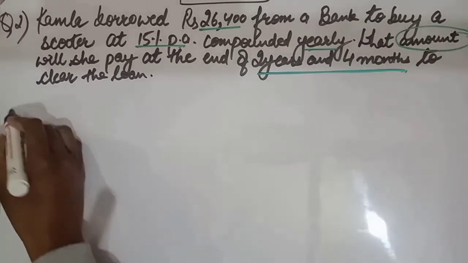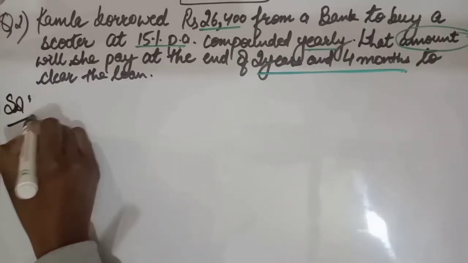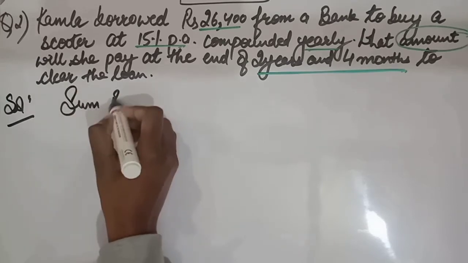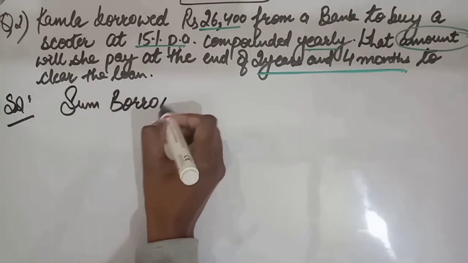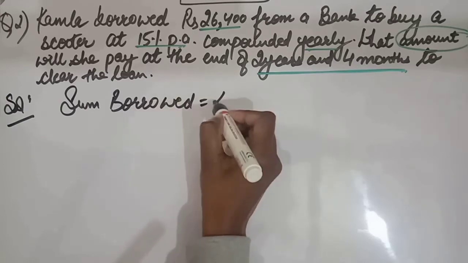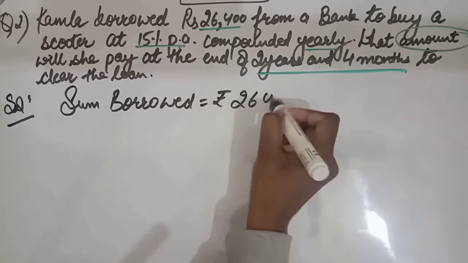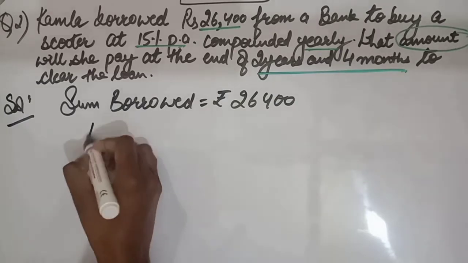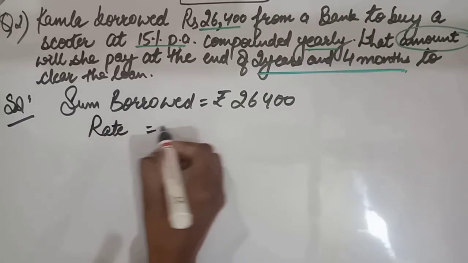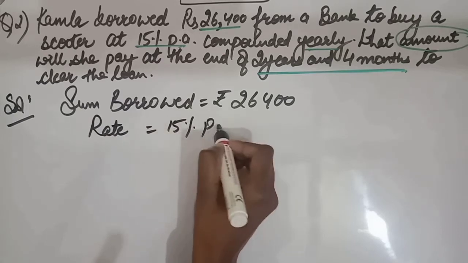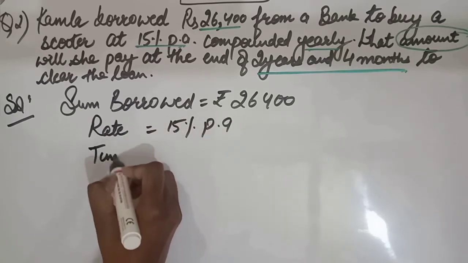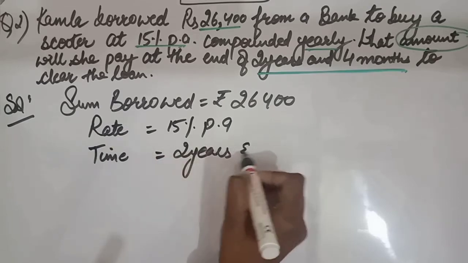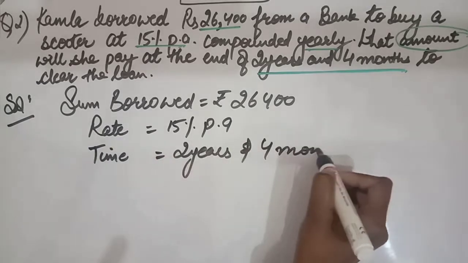Now, sum borrowed is equal to rupees 26,400, right? Rate is 15% per annum and time is 2 years and 4 months.